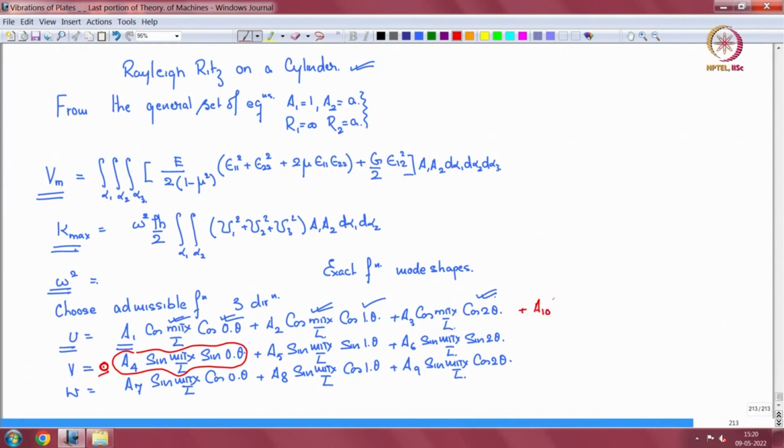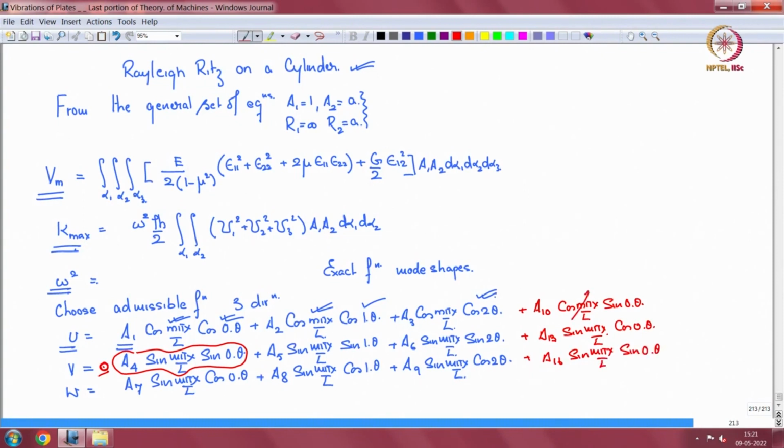from the other set of modes, A10 cos m pi x by L sin 0 theta plus A13 sin m pi x by L cos 0 theta plus A16 sin m pi x by L sin 0 theta.